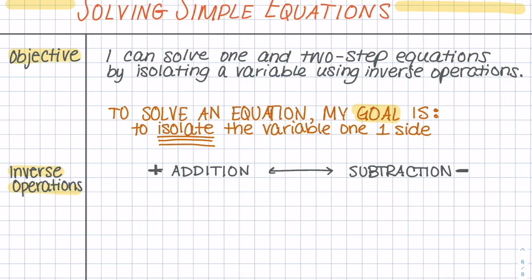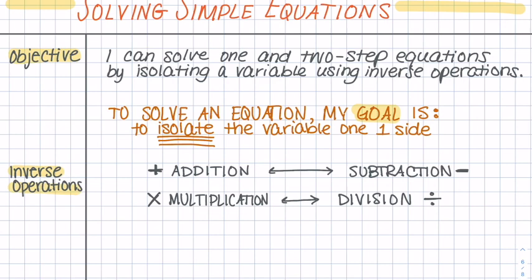And similarly, if I have multiplication, the inverse of multiplication is division. And I'm just going to put my symbols so I can really see what I'm talking about. Okay, so those are my inverse operations. If I see addition, I can subtract as the opposite. If I see multiplication, I can divide as the opposite. And that's all I need to know for right now.